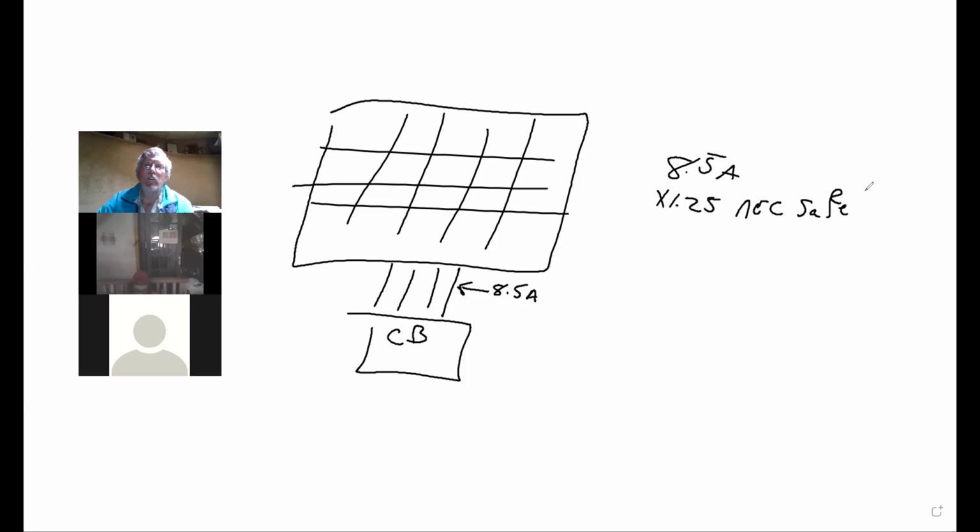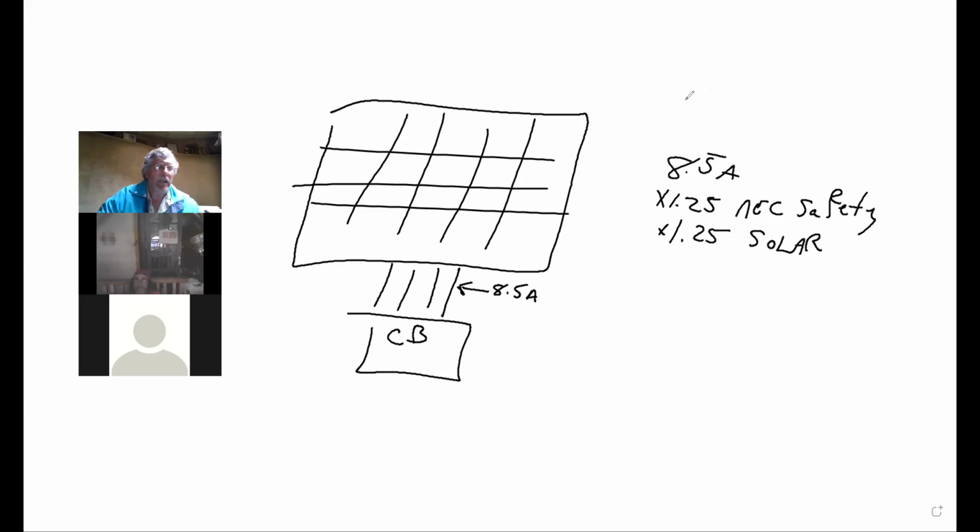And then for solar, they require that you do another 1.25, which is the solar safety margin. The reason we're doing it twice is, you remember, these numbers are based on standard test conditions, and standard test conditions assume that you have 1,000 watts per square meter.